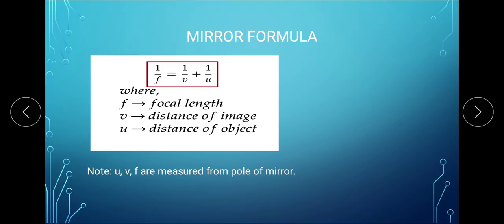Note that all the distances are measured from the pole of the mirror. So v is the distance of image from the pole of the mirror, u is the distance of object from the pole of the mirror and f is your focal length. This relationship, that is 1/f = 1/v + 1/u, is called mirror formula.